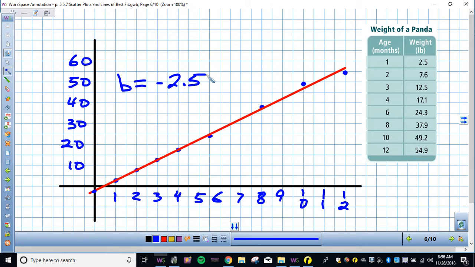Should my slope end up being positive or negative? Positive, right? Because this trend line is in a positive direction. So I'm going to pick these first 2 points. I could have picked later ones, it doesn't matter. I know these first 2 points are going to be smaller numbers, so it makes it a little bit easier. So I'm doing my slope out of these first 2 points.